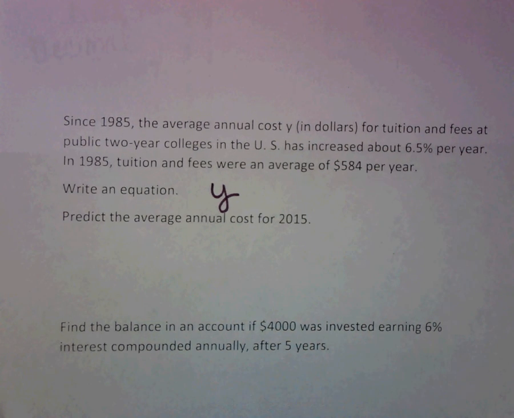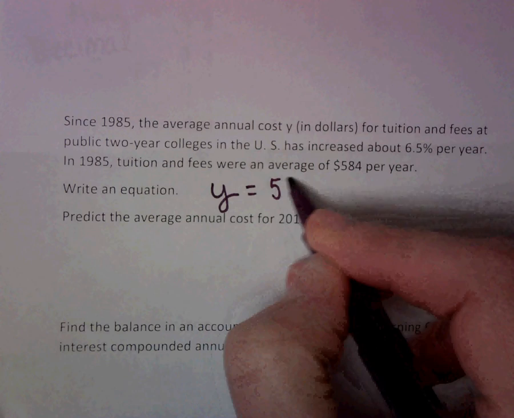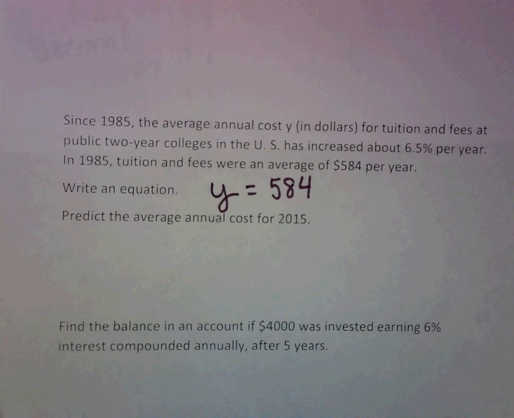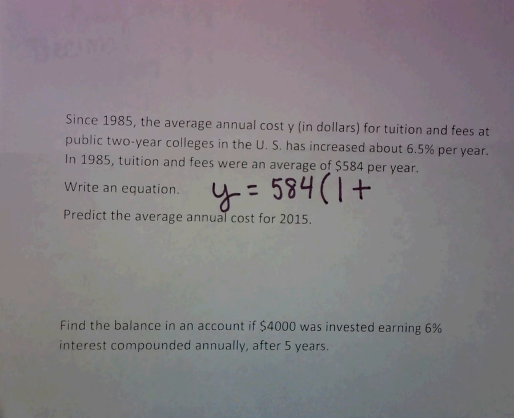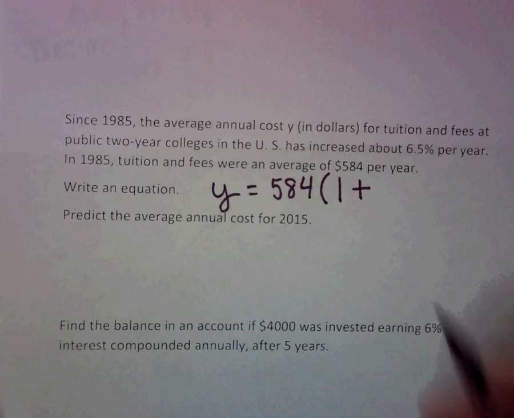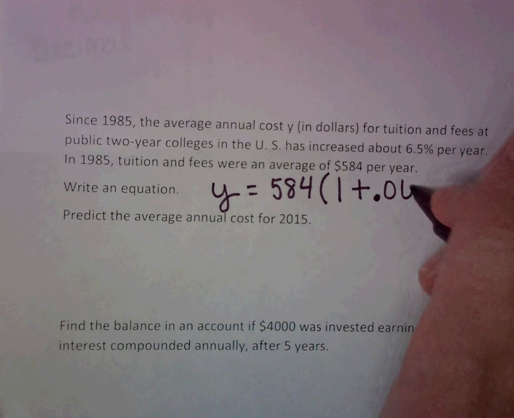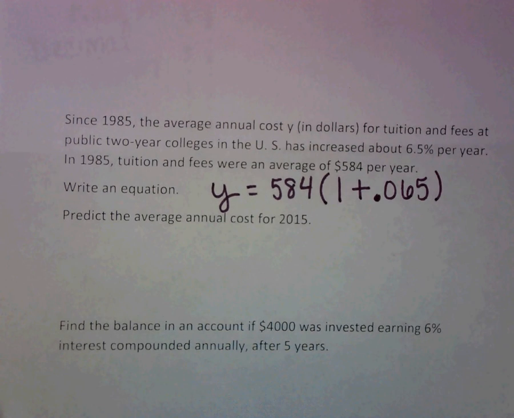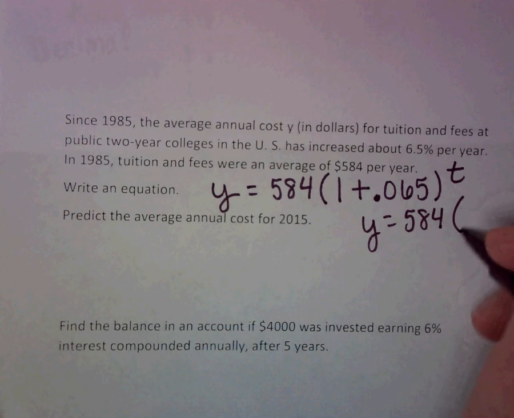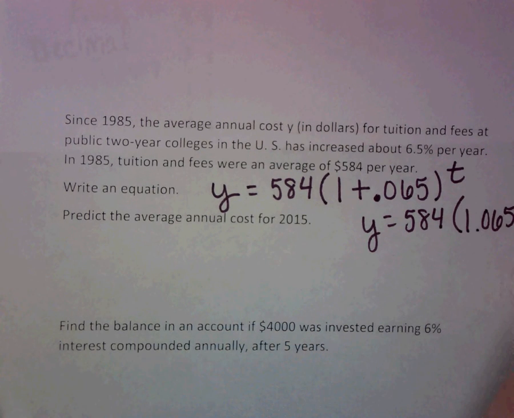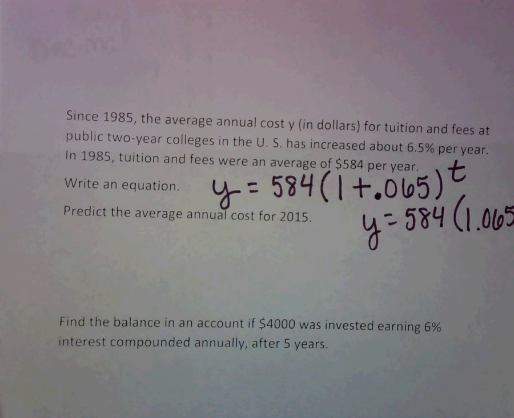We know that our beginning amount, A, is 584 times 1 plus the percentage or rate, which was 6.5%. So in decimal, that would be 0.065, to the t power. You could also write that as simply y equals 584 times 1.065 to the t power. Either way you can see it.